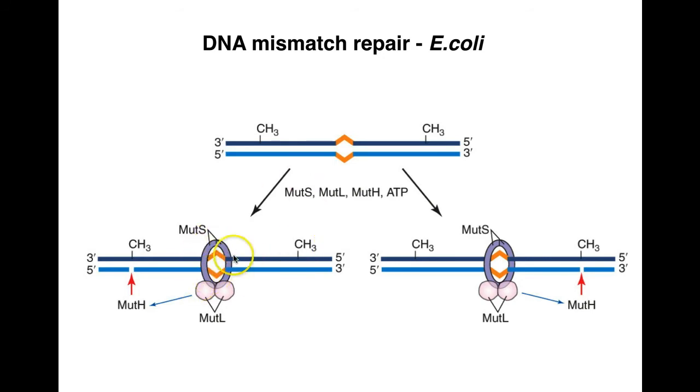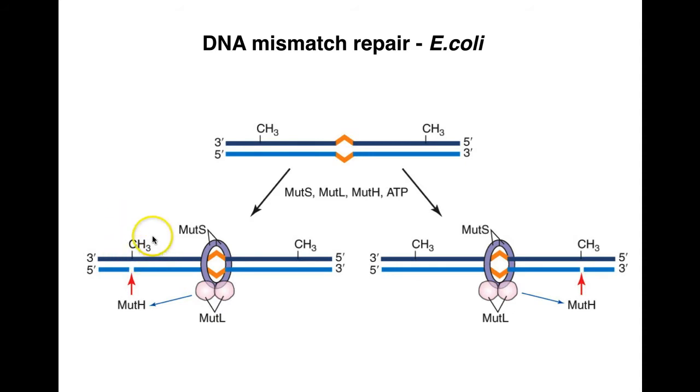But we have MUT-S is going to recognize the actual damage or the actual mismatch in the strand, and MUT-L will bind to MUT-S. This MUT-S, MUT-L complex will activate MUT-H, and here's where the difference is. So MUT-H will cut at the nearest unmethylated GATC site.